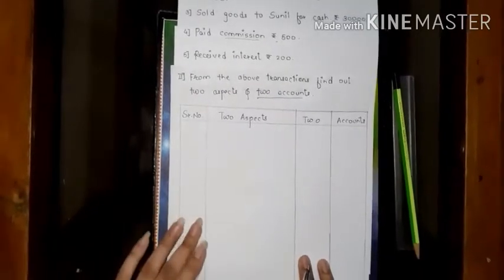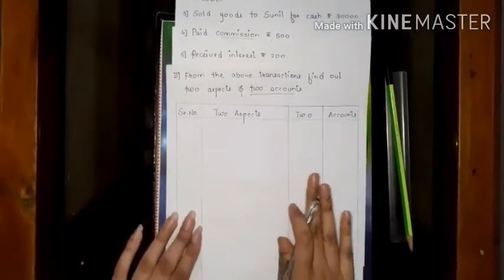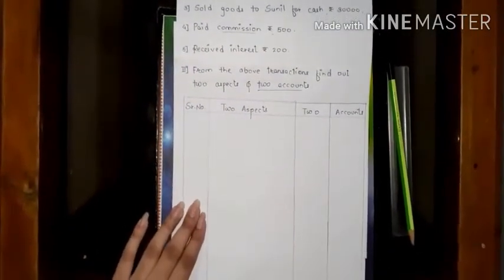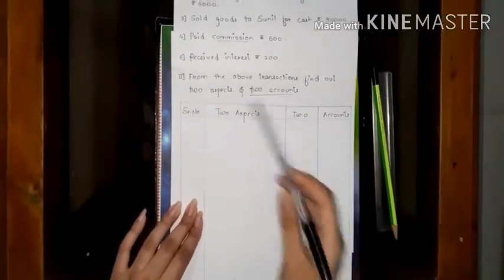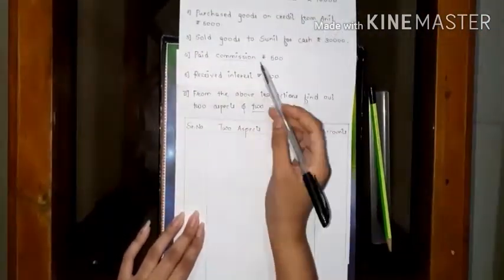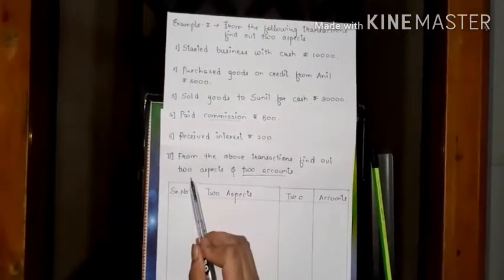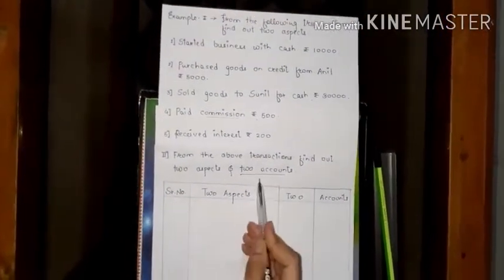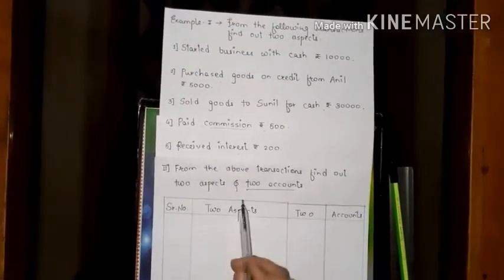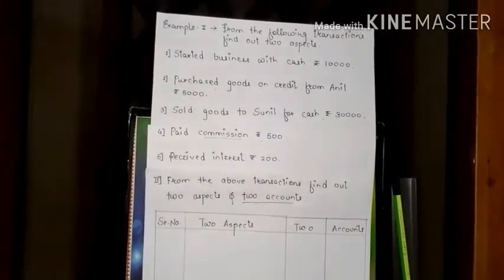Okay, this is how the format looks like. Now let's take the example. The same transactions are there, but just the question is changed. In the beginning we found out two aspects. Now we have to find out two accounts of the same transactions.